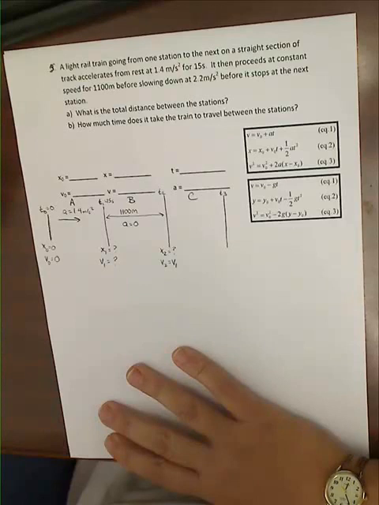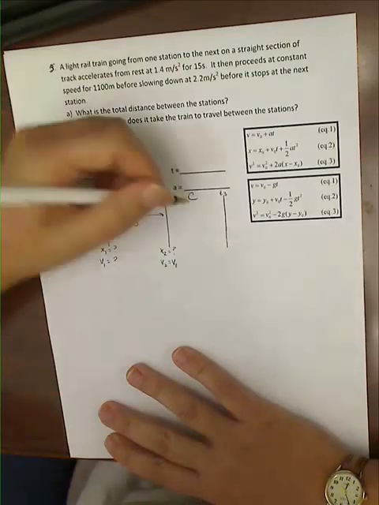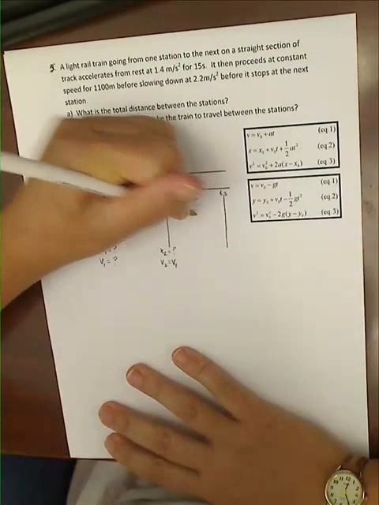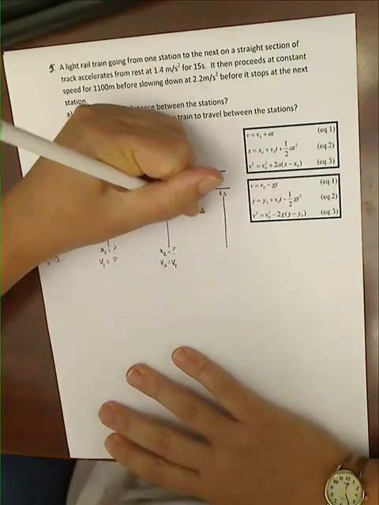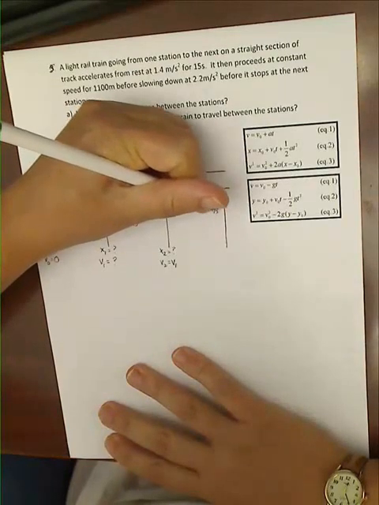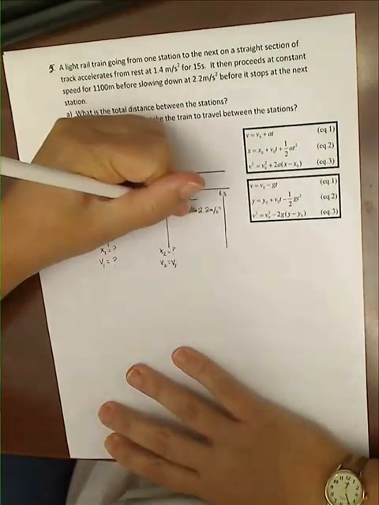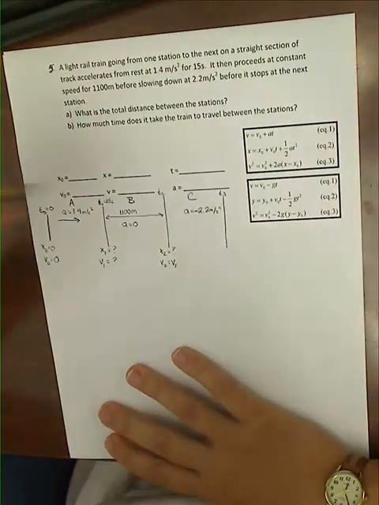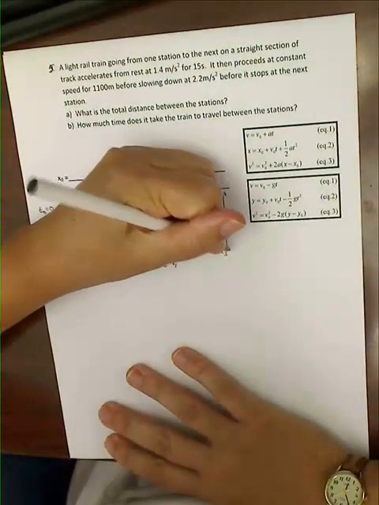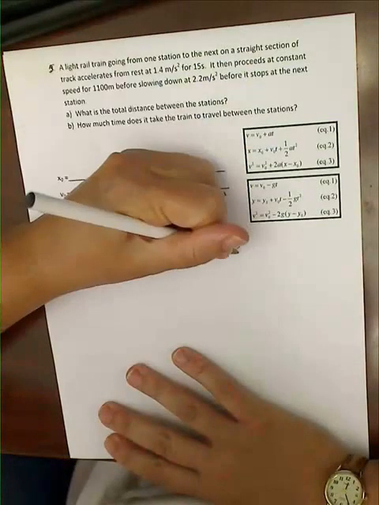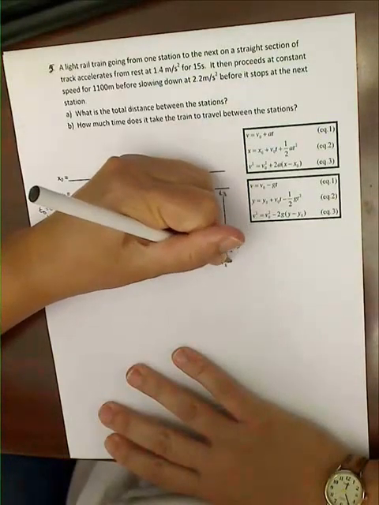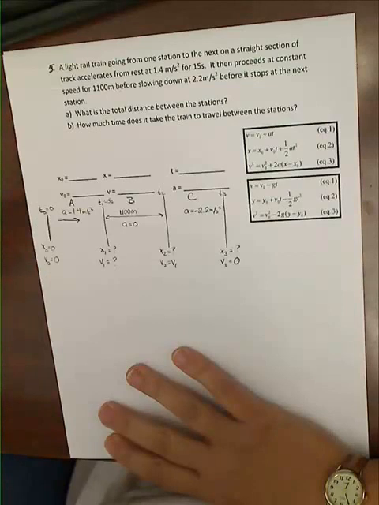It continues on and slows down at 2.2 meters per second squared. And it's slowing down, so I put a negative sign on that. It's decelerating. Its final position at T3, I don't know. Its final speed, I know is 0, because I said it stopped at the last station.